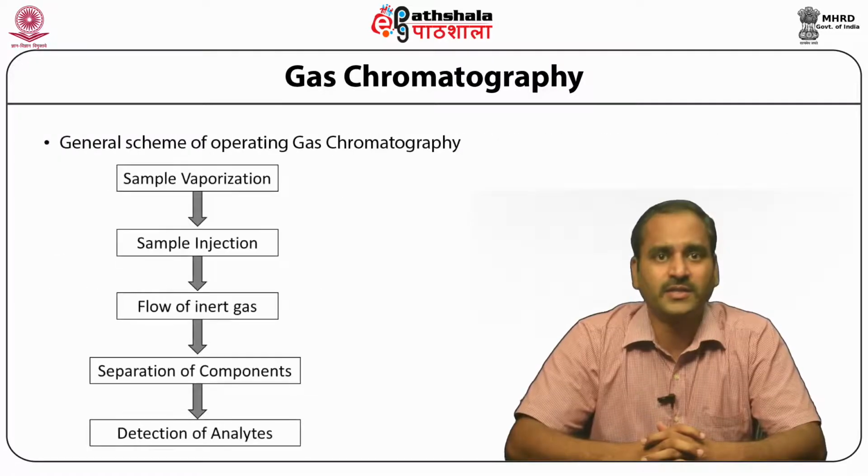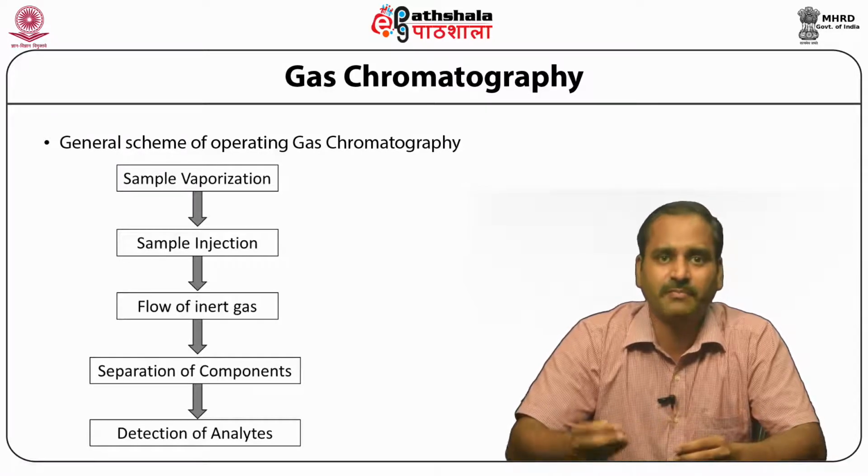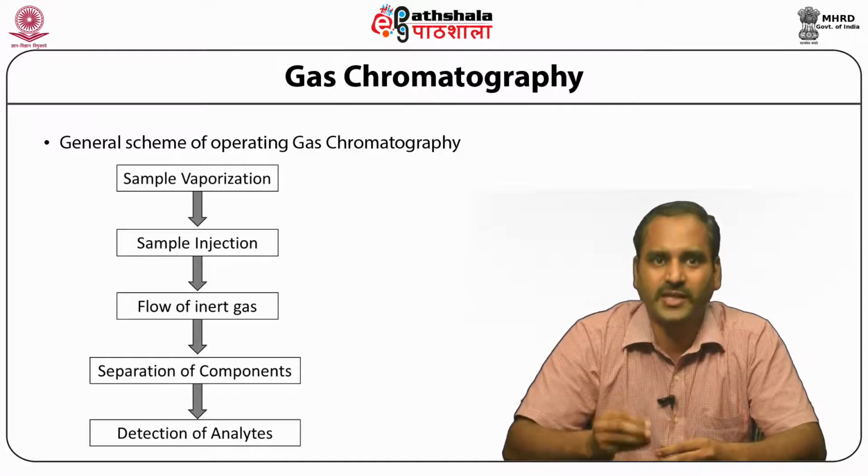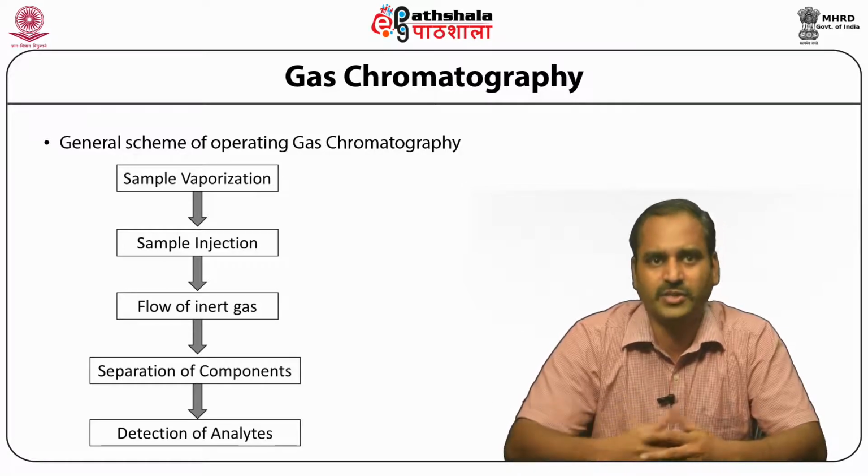The general scheme of operating gas chromatography involves first vaporizing the sample, followed by injection of the sample into the column, flow of the inert gaseous mobile phase through the column, separation of the components on the basis of their partition coefficient, and a detector converting the analyte into an electrical signal for measurement.